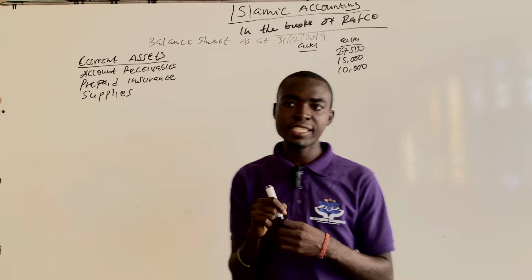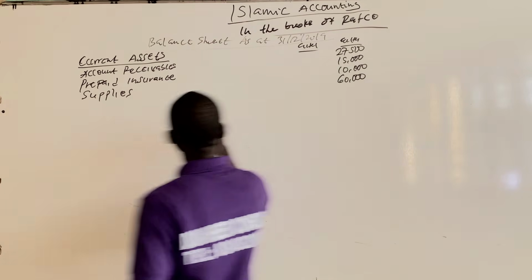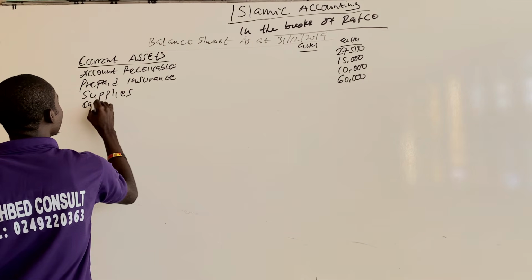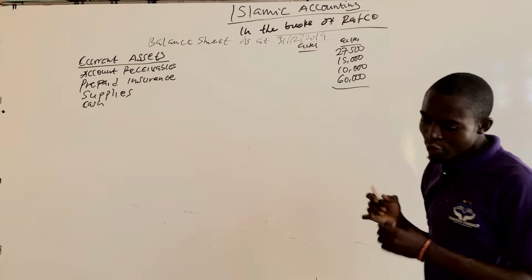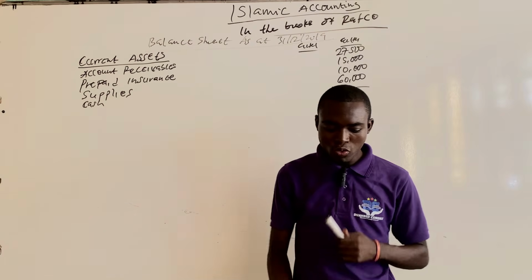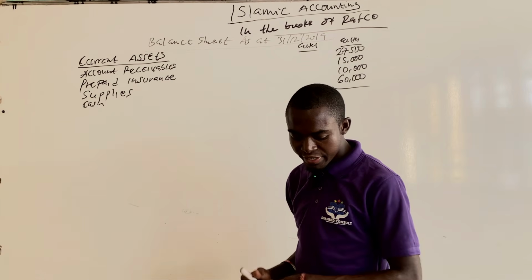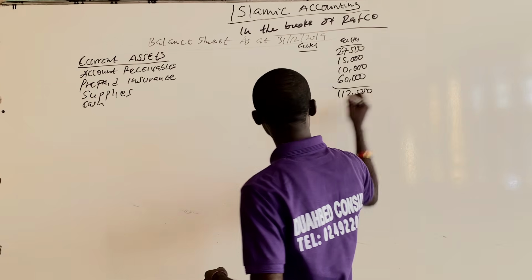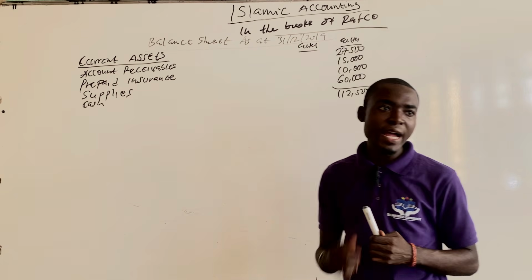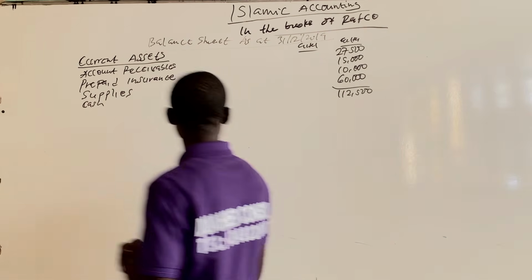And then we have cash, which is 50,000. You sum up these four figures to get your total current assets, which is 112,500.